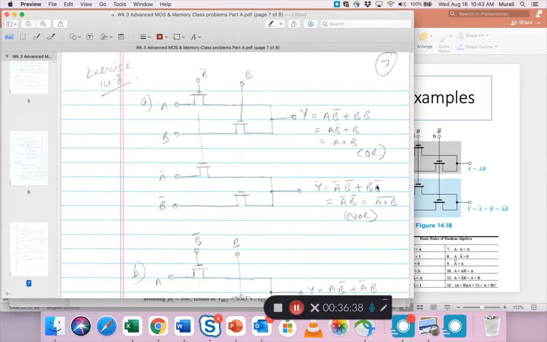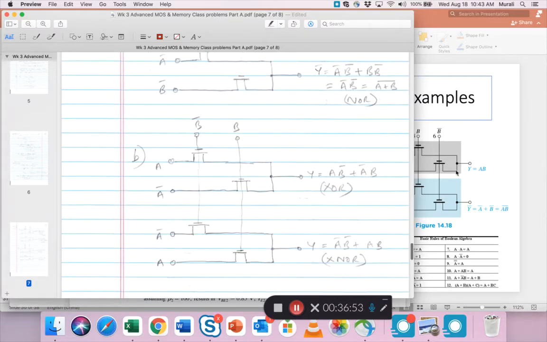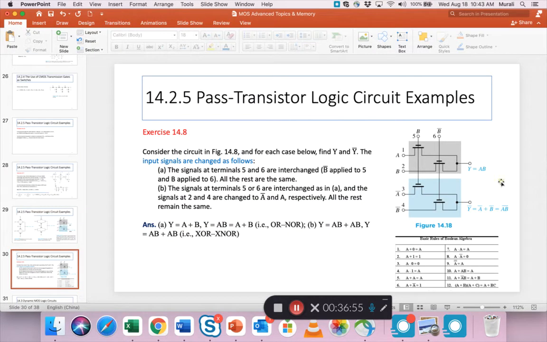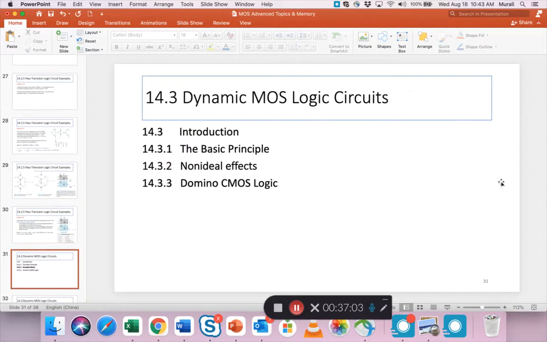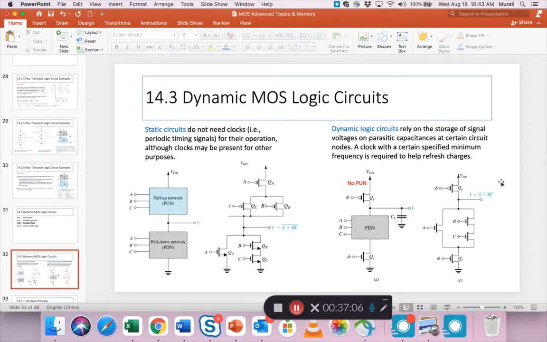B and B bar becomes 0, like A and A bar here is 0. So this goes away. So it's just A bar B bar, which is the complement of A plus B. So it makes it a NOR function. I'll let you look at the rest also. It's not too difficult, but it helps us go back to some real logic, which we almost have forgotten. That's why we are studying all this stuff, right?